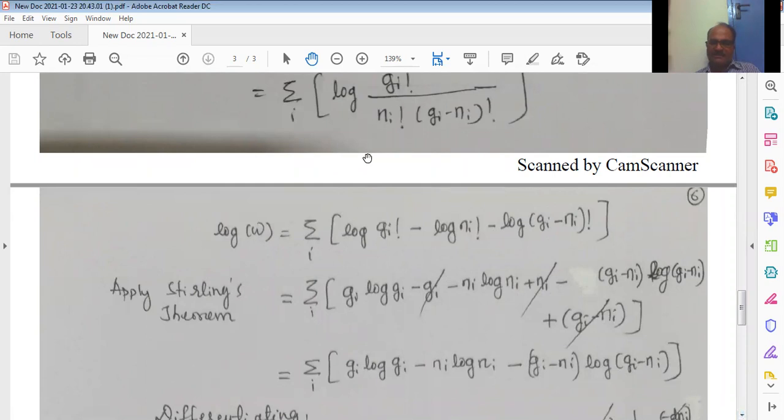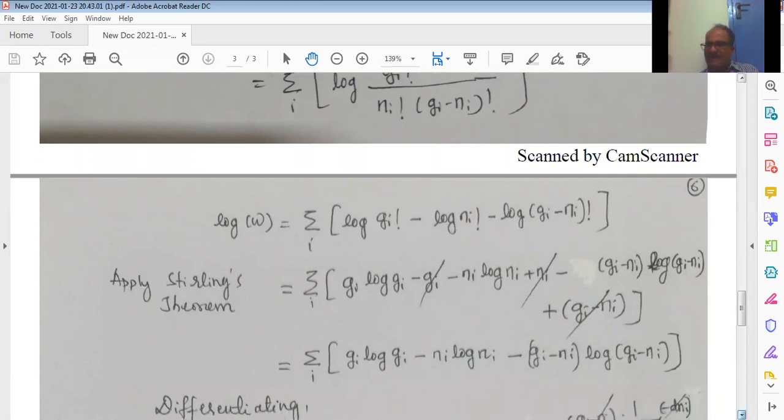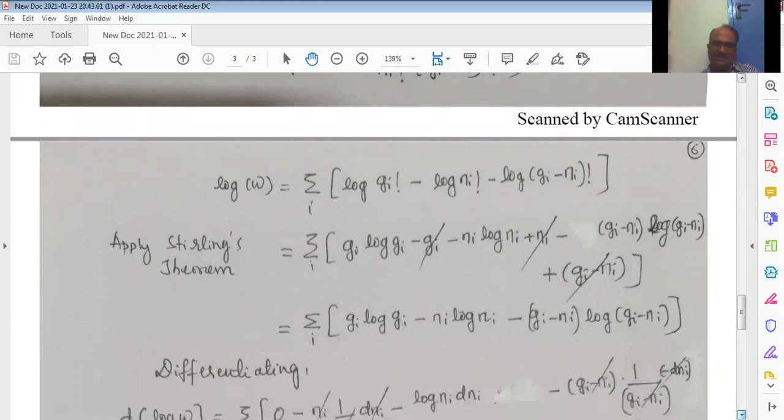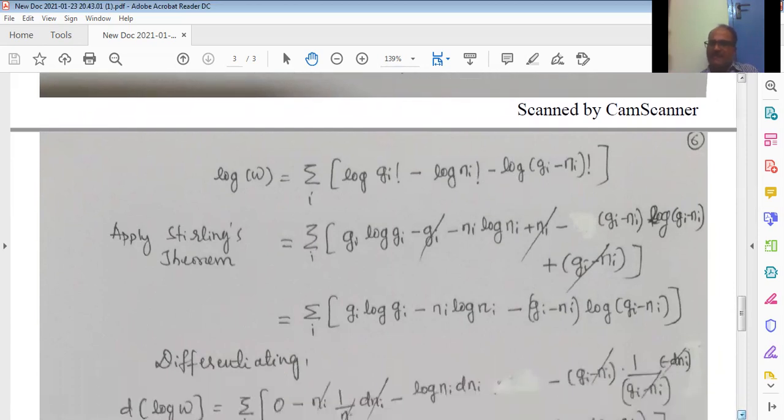So this becomes log of Gi factorial minus log of Ni factorial minus log of Gi minus Ni factorial. And in this step only, I am going to apply Stirling's approximation, that is log of n factorial is equal to n log n minus n. So that is applied here.